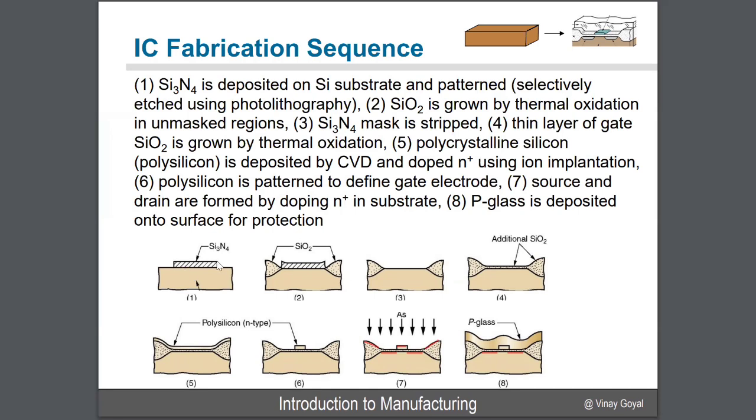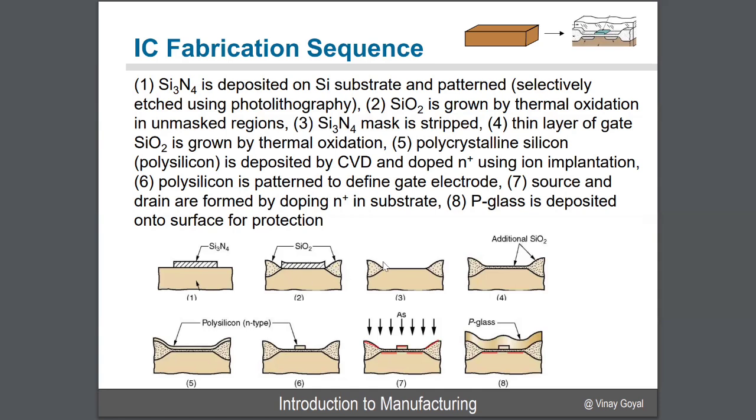And then the silicon oxide will be grown by thermal oxidation, as you can see here on the edges, in the unmasked regions. So here I have this material, but I'm going to grow these areas with thermal oxidation. And remember that this SiO2, the silicon dioxide here, is not as conductive as silicon.